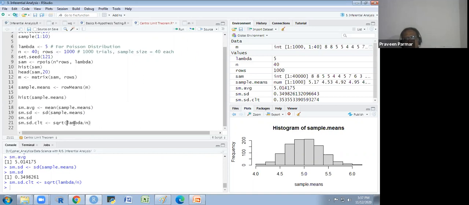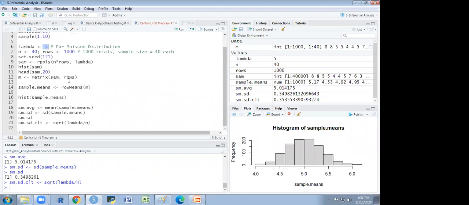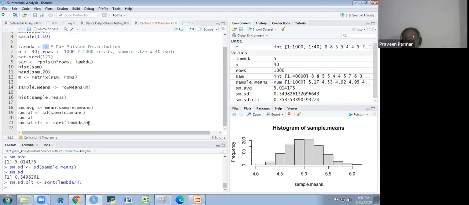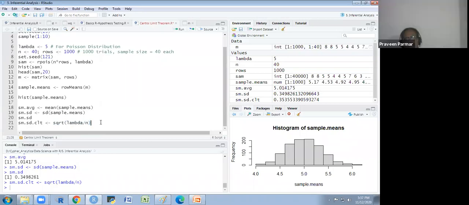We are checking it through the lambda. Lambda we have set here as 5, we divide it by n and take the square root of it. This basically represents the population SD.